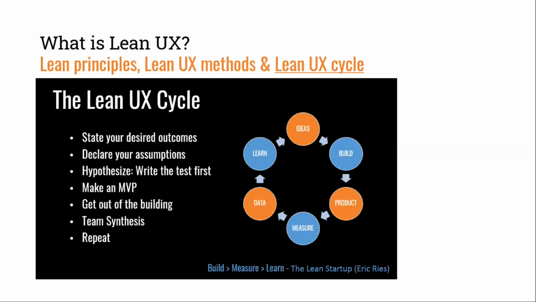Whatever assumptions you have declared, hypothesize, and write the first test. So what is the test? It is to validate whether our assumptions are right or not. Make an MVP, minimum viable product, to test those assumptions.